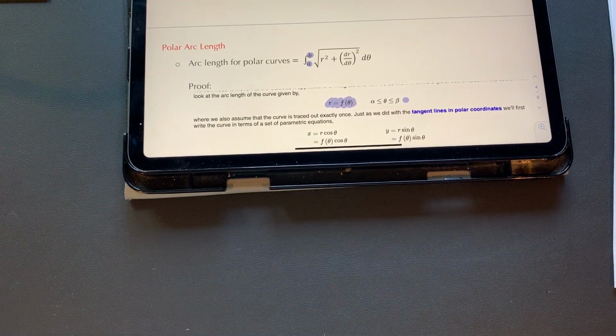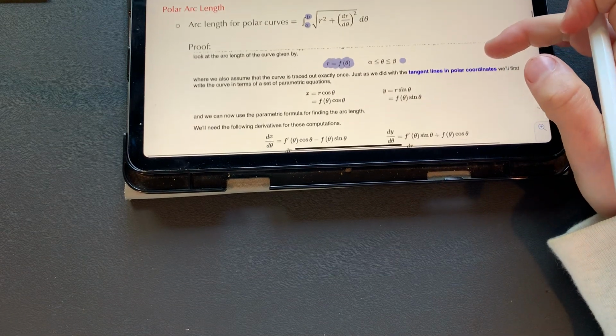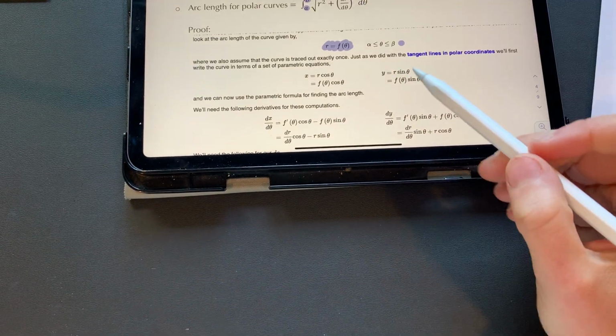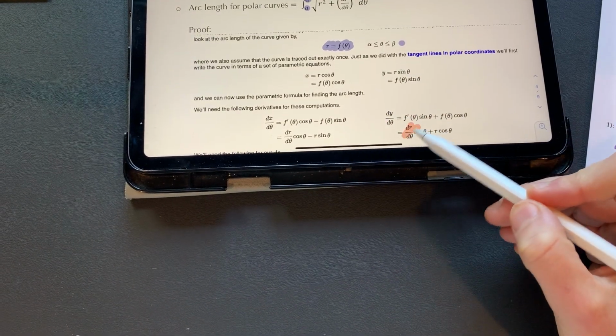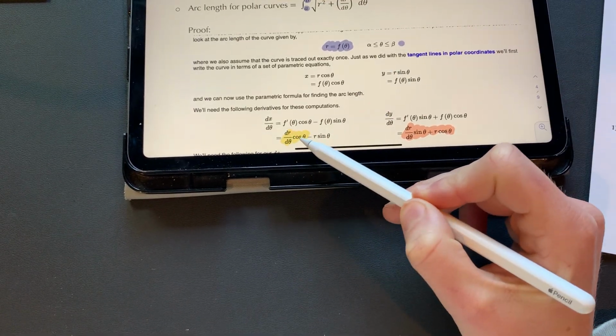And now actually, because we are rewriting the polar graph as parametrics, we can use the parametric formula to find the arc length. And so what we'll need is the derivatives of each piece for these computations, and we are just again doing product rule to get the derivative of y and the derivative of x.